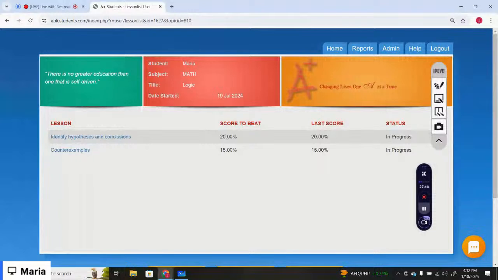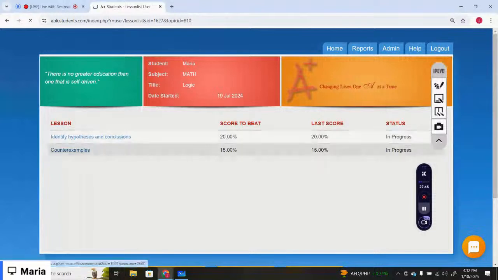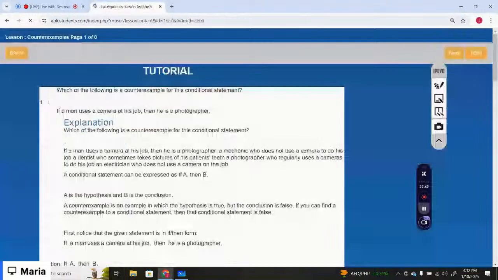The next lesson is counter example. Let's just start with the lesson. Which of the following is a counter example for the conditional statement? If a man uses a camera at his job, then he is a photographer.